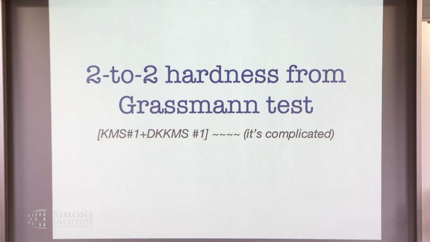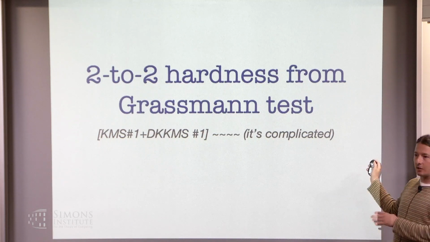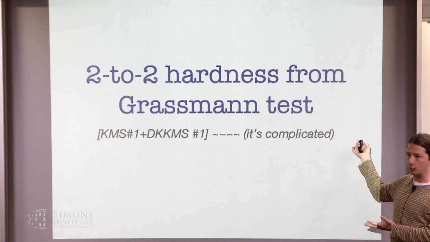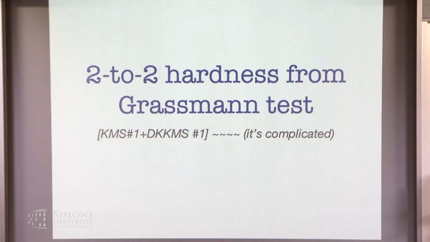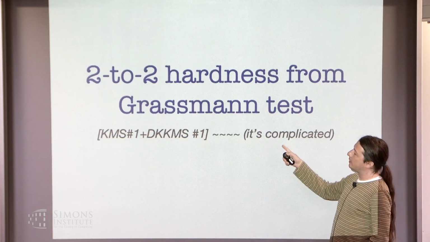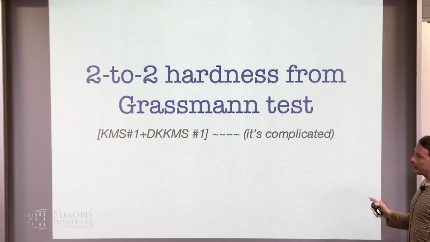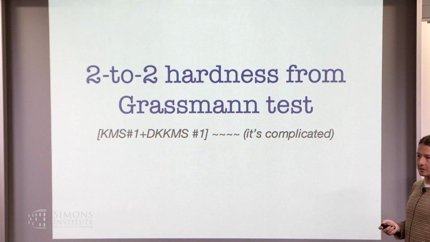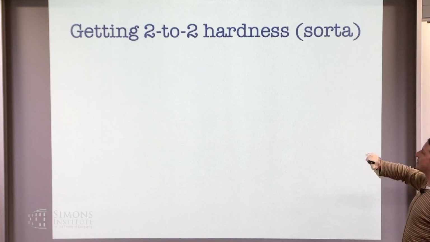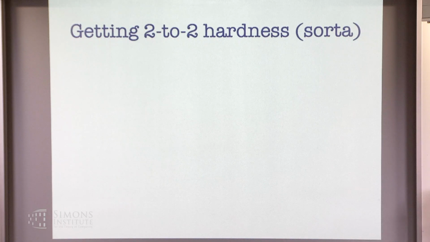So let's assume that this test has soundness delta, and let me say in one slide how you get the 2 to 2 hardness result, the gap 2 to 2 hardness. Even that is complicated. And eventually you don't get delta soundness, not in the usual sense. So eventually it's even more complicated than that. But let me just say, assume that you do have this delta soundness.